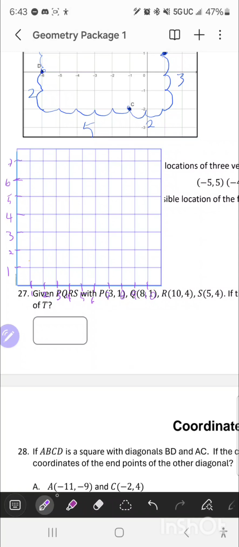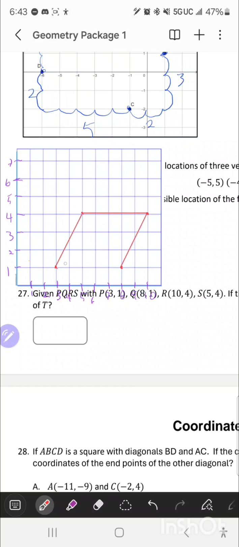And now let's do it. So 3, comma 1, we go to 3 and 1. Here 8, comma 1 is right here. 10, comma 4 is right here. And 5, comma 4 right here. So we got this beautiful parallelogram.